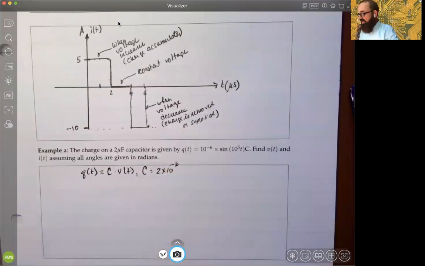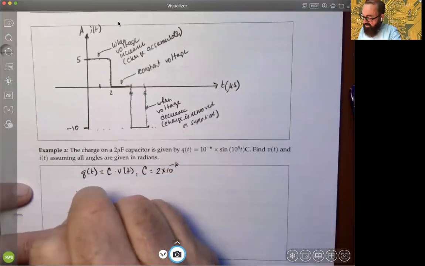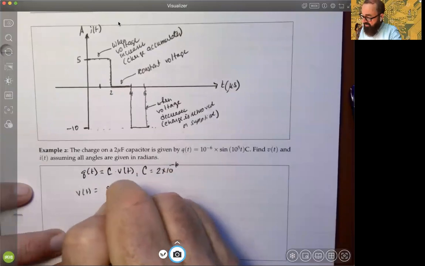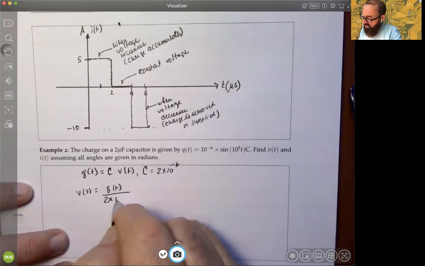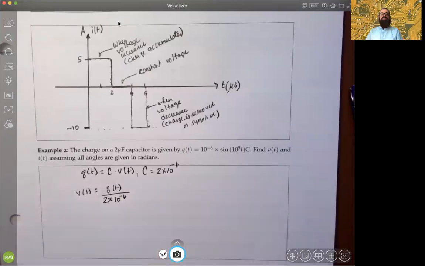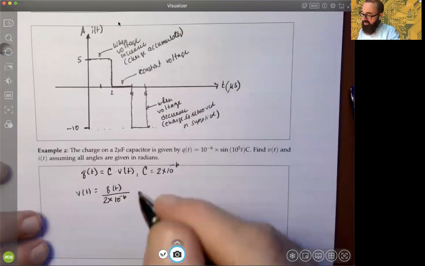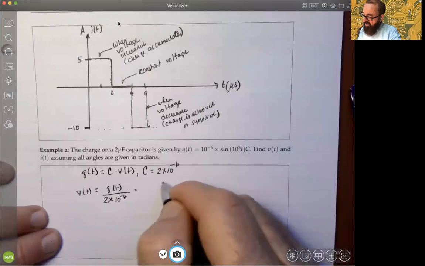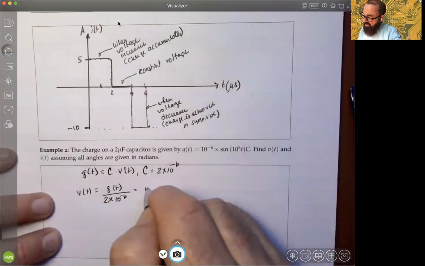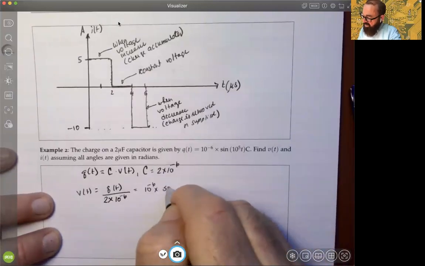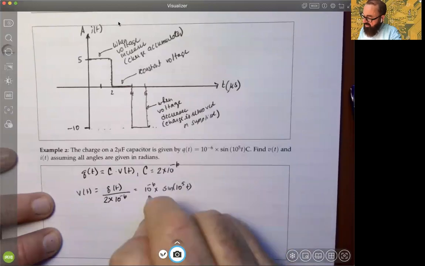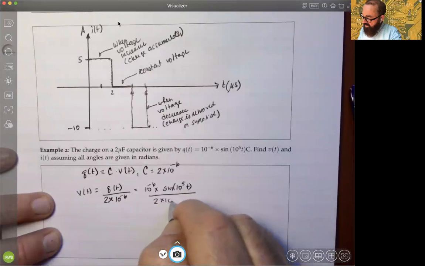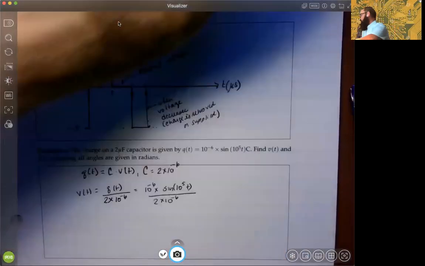So then V of t, by definition, has to be Q of t divided by that C. So we'll be dividing your charge function by 2 times 10 to the minus 6, because that's what the capacitance is. Let's write in the charge function, 10 to the minus 6 times the sine of 10 to the 5th t, divided by 2 times 10 to the minus 6.